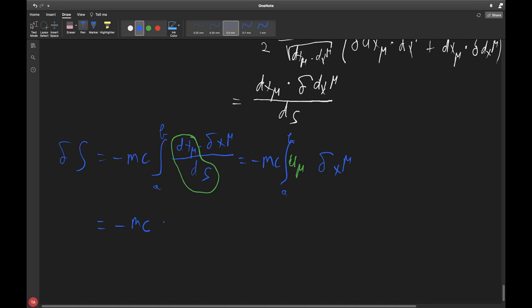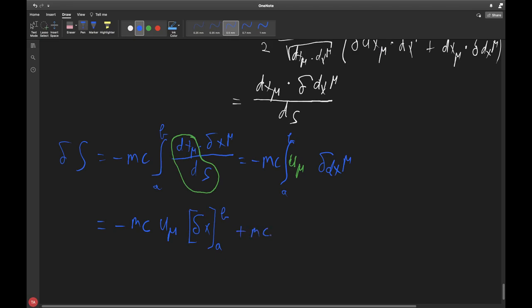That's going to give us a u mu here, and the integral of a derivative of something is the something at the boundaries. So the integral of the derivative of x mu, delta x mu, is delta x evaluated at a and b.